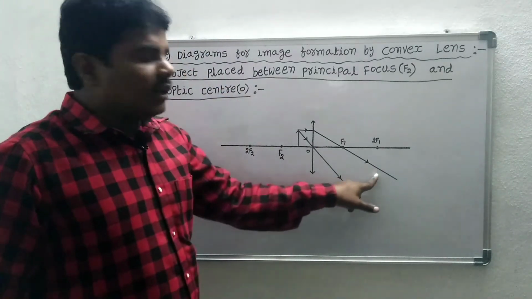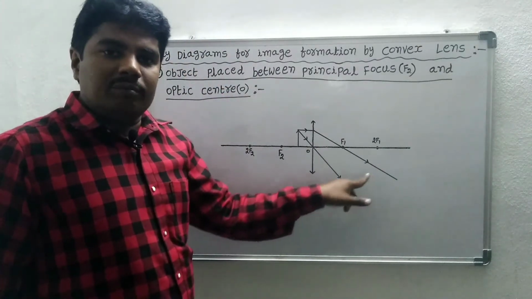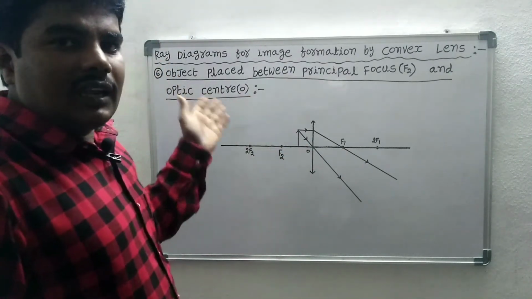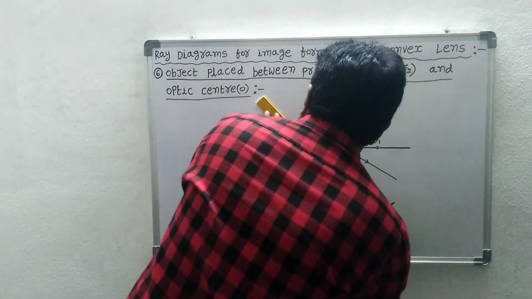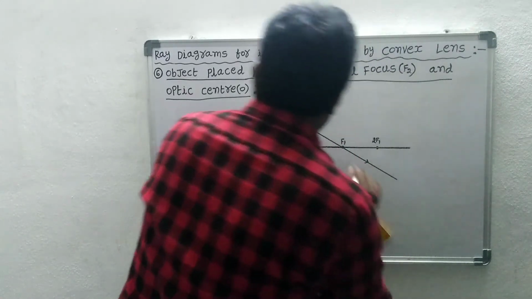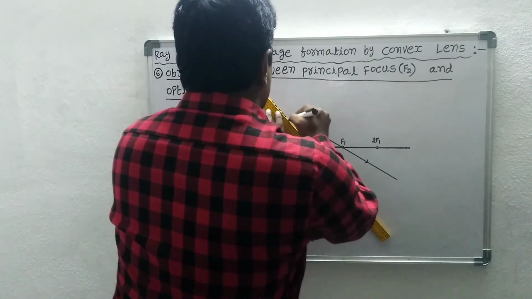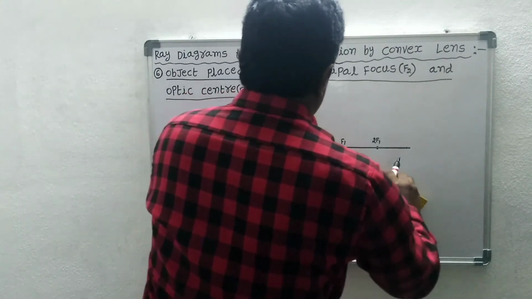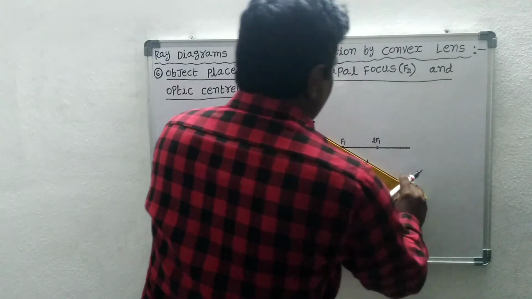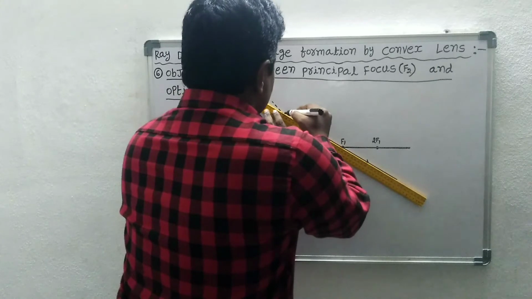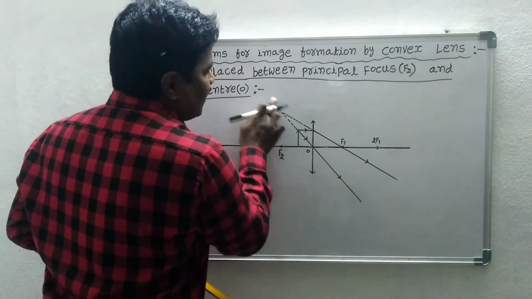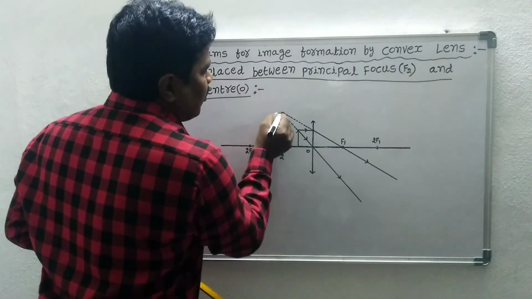These two light rays are diverging, moving away from one another. They do not intersect. That's why we extend that light ray in the backward direction, like this. This light ray is also extended in the backward direction. They intersect at this point.